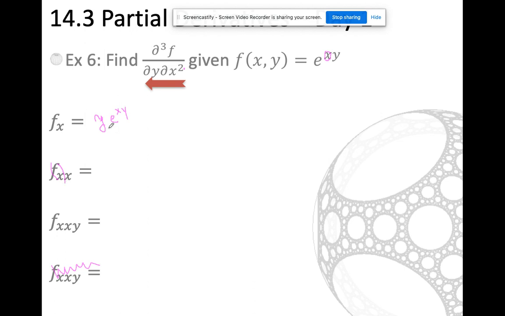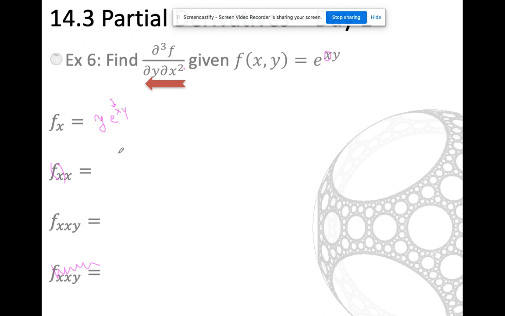Now be careful, looking at x. So this partial x with respect to x, right?